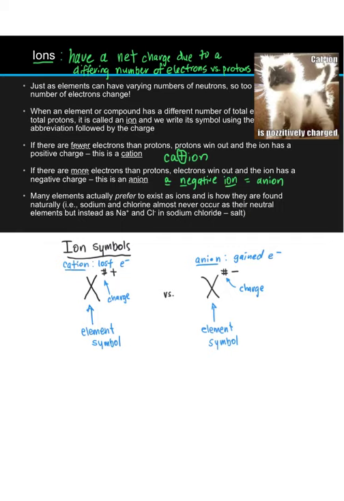To calculate the magnitude of the charge on an ion, whether it's a cation or an anion, we take the total number of protons that our element has in its nucleus, again given from its atomic number on the periodic table, and subtract from that the number of electrons.